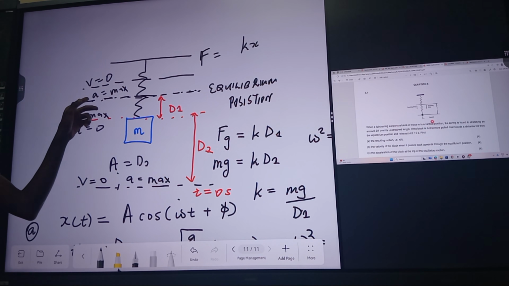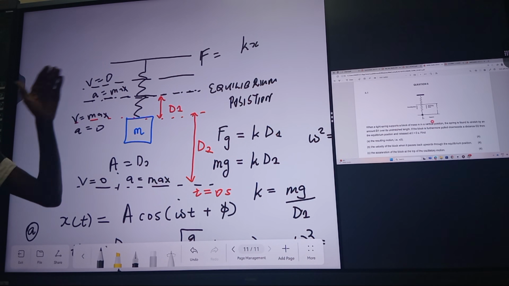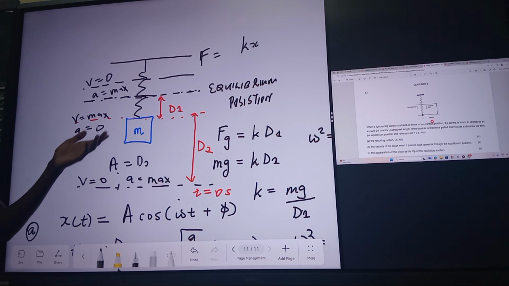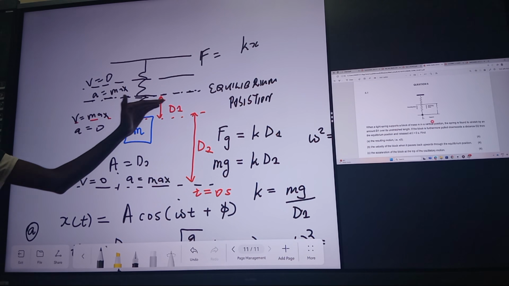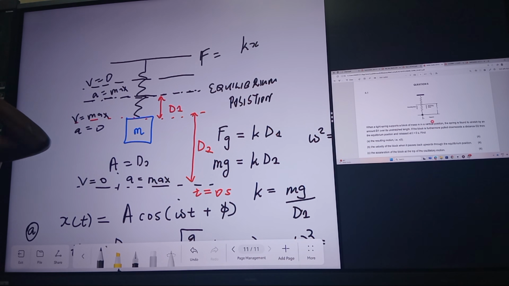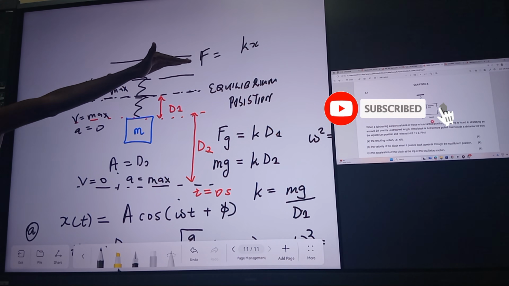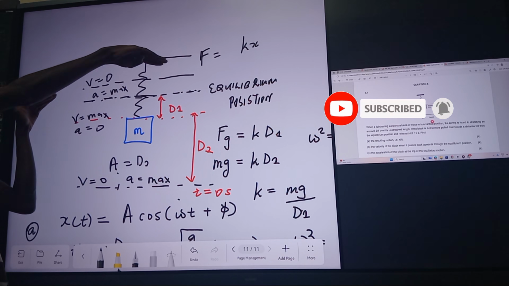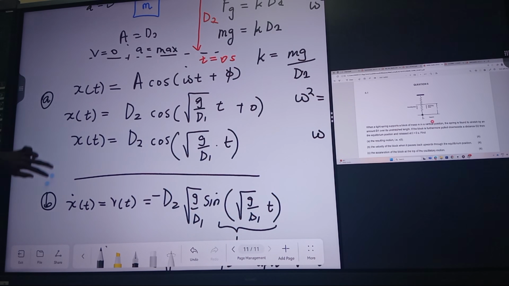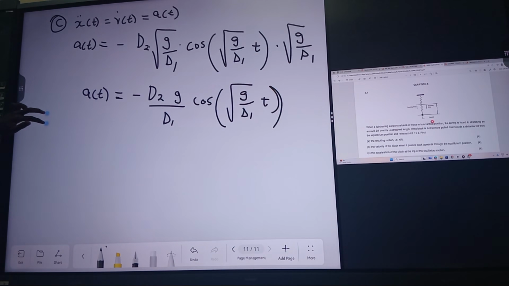What do we know about the acceleration at the top, where the block reaches the maximum in the other direction? It's maximum. But at the equilibrium, the acceleration is 0. At the top, we see that the acceleration is maximum. So in other words, they are trying to say find the maximum acceleration.